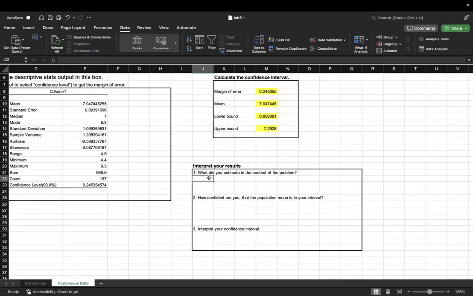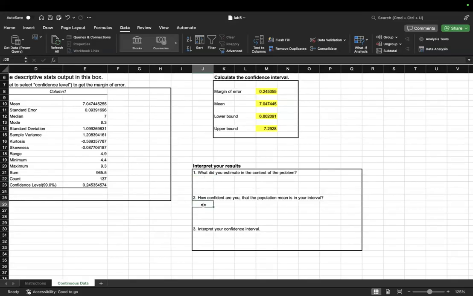So whatever yours is, you might be estimating the actual average temperature. So you're estimating a population mean. That's what you're estimating, however you want to word that. But make sure it's in the context. Make sure you mention what your variable is. You're estimating the temperature. You're estimating an earthquake magnitude. You're estimating somebody's height. Whatever you're estimating, make sure that you're mentioning what your variable is.